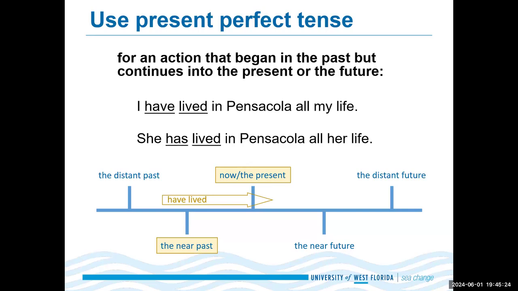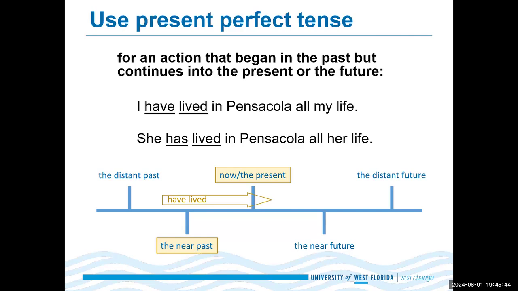So still the action began in the past and it still continues this time and will really continue in the future. That will be present perfect tense. Okay? I have lived in Pensacola all my life.